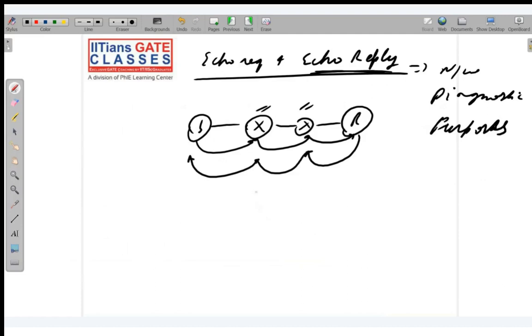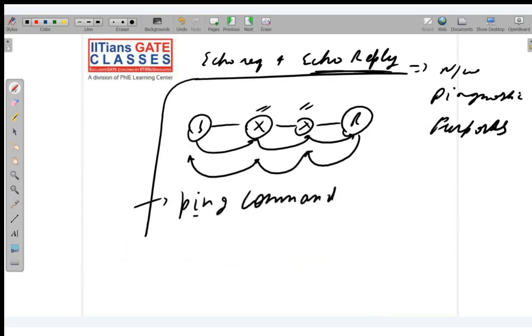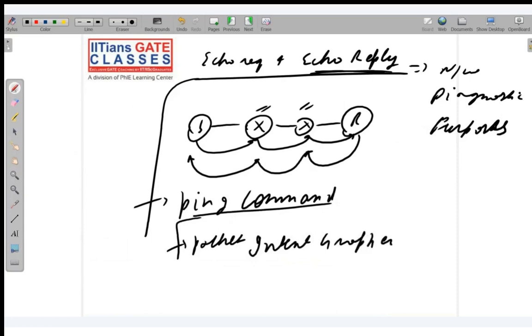Yes, and the best example which is using echo request and echo reply is your ping command. Ping command uses these echo request and echo reply messages. Ping is Packet Internet Groper. Groper is an English word.